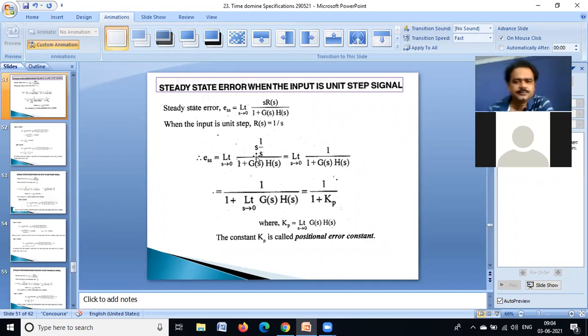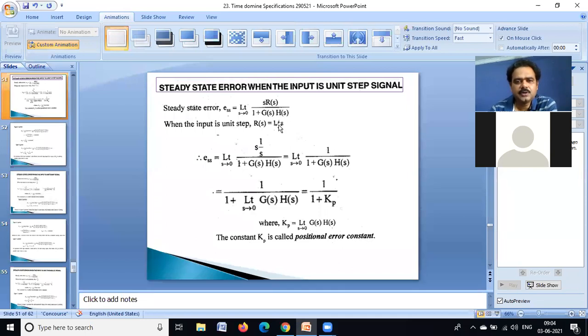This is the expression for steady state error when the input is unit step signal. It mainly depends upon the type number of the system and also upon the type of the input. First, we are going to apply different types of input signals.